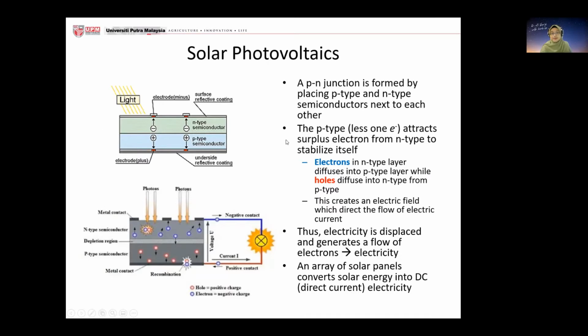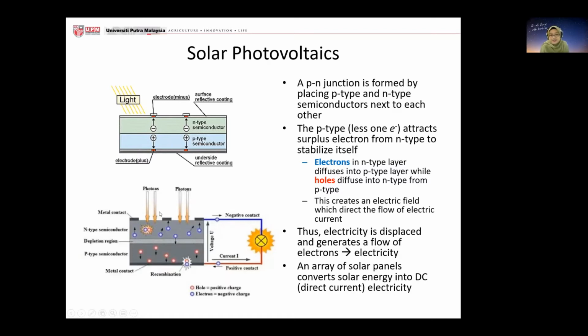So remember just now, the p-type has fewer electrons, and naturally, it will attract the surplus electrons from the n-type. Because atoms will always work towards stability. If they have fewer electrons, they will attract the free flowing electrons from elsewhere. So that's where this comes in handy.